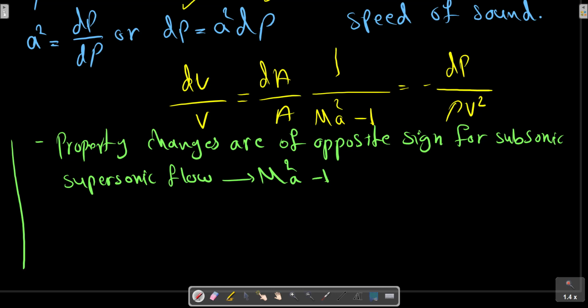There are four combinations of area change and Mach number.